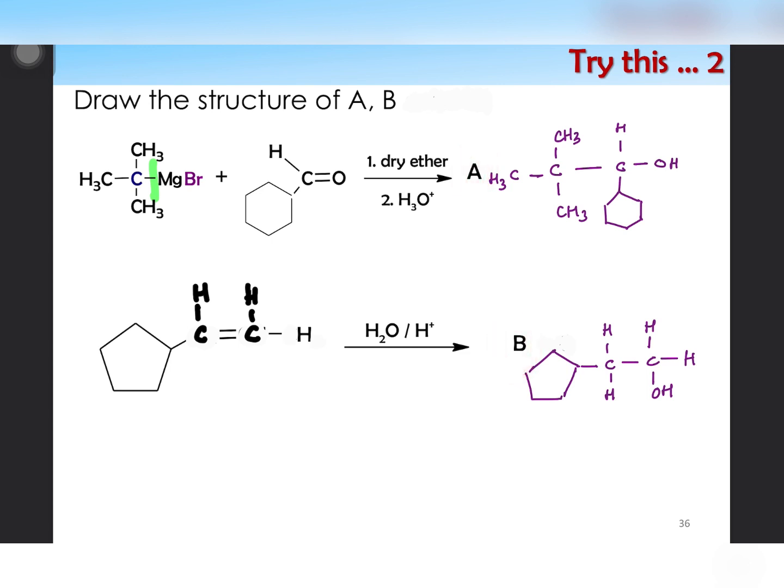Okay, draw the structure of A and B. Okay, so kita tengok soalan A dulu. So soalan A ini ada MgBr. So nampak je ada MgBr, maksudnya dia adalah Grignard reagent. Okay, and then this one C double bond O, ada satu kaki hidrogen. So maksudnya ini adalah aldehyde. So kalau carbon double bond O, dua kaki alkyl group, maksudnya ini adalah ketone.